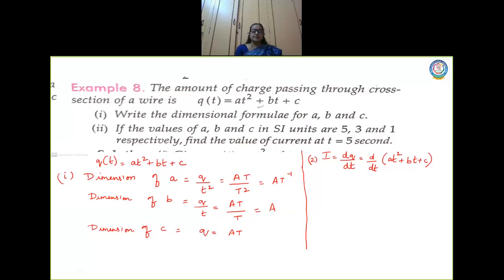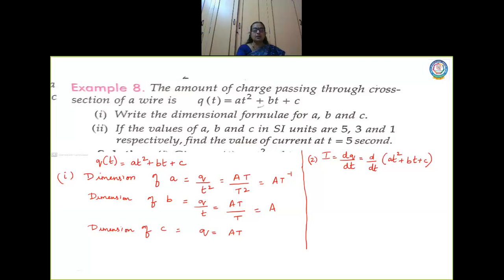You remember in the first introduction I gave the definition: I is equal to Q by T is the formula for current. If it is not a steady current, different areas will have different values of current. In that case we say it is instantaneous current, given by I of t is equal to limit del t tends to 0 of del q by del t, which is also equal to dq by dt.